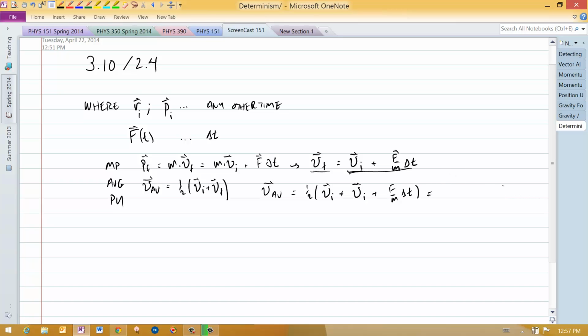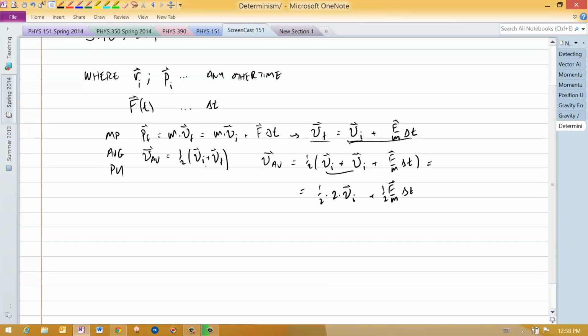If I add these two vectors together, I get 1/2 times (2 times v initial plus F divided by m times delta t). Those are vectors. So my average velocity is equal to my initial velocity plus 1/2 F over m times delta t.